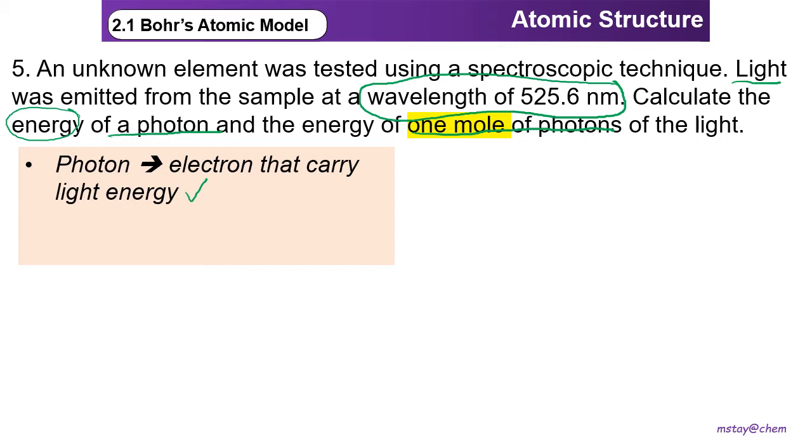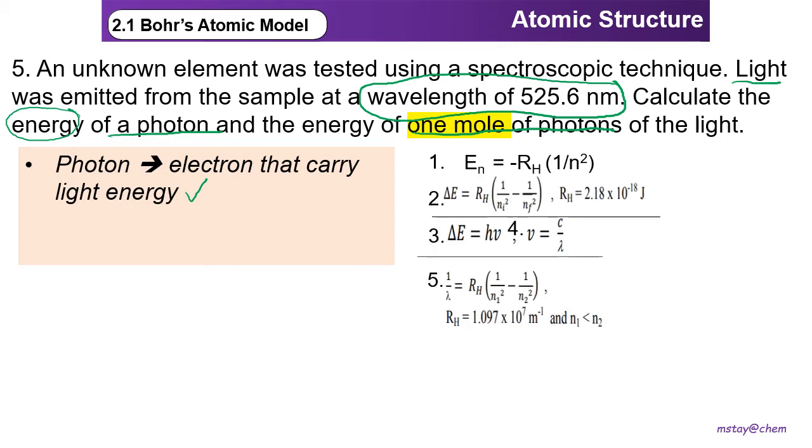Okay, so again, when we need to involve calculation, we try to choose the formula from these five. In this question, you will notice that the second formula and third formula involve delta E, change of energy. So again, when the wavelength is given, it means that it produces light.